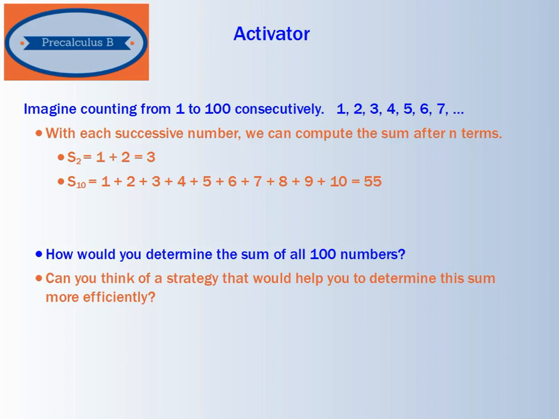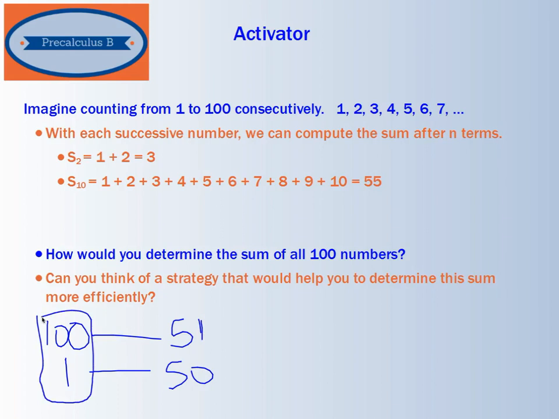We have the numbers 1 through 50, and we have the numbers 51 through 100. So I can think of 100 through 51. If we line them up in this order, the way I have it written, we could say 100 plus 1 gives me 101. 50 and 51 gives me 101.